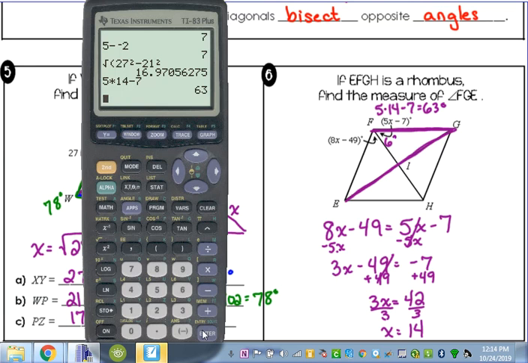We got 63 right here. Still not what we're looking for. So that whole angle is what? 126? 63 and 63, 126 for the whole angle F.